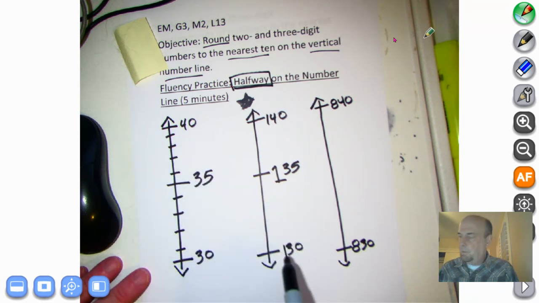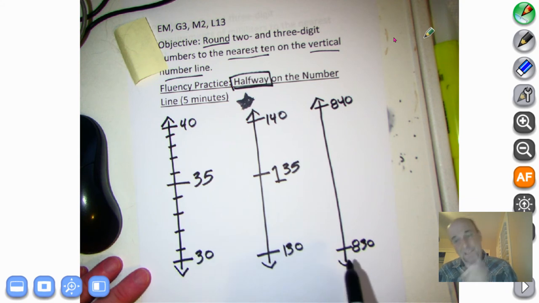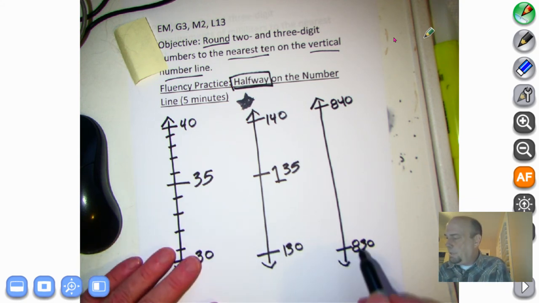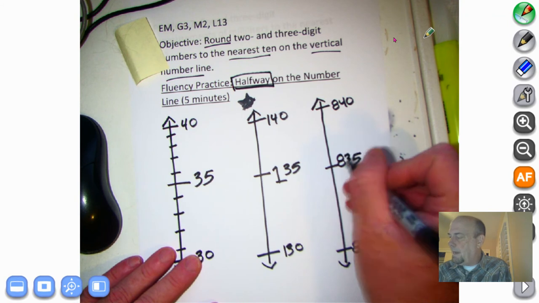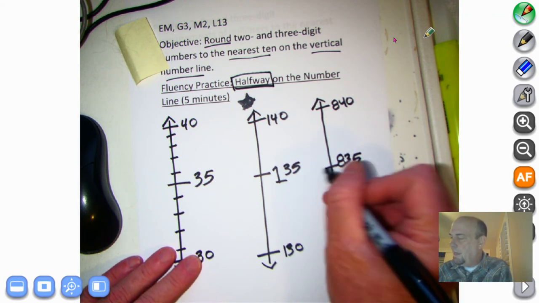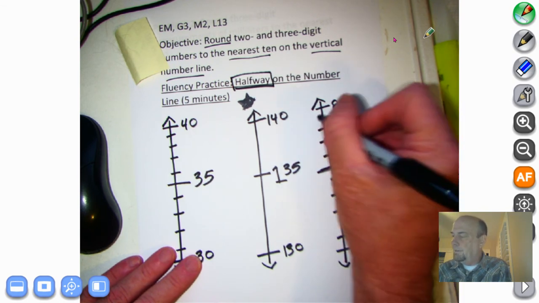We know the halfway point between 130 and 140 is 135. So I'm thinking, and you probably have got this because you're a smart bunch of kids, the midway point between 830 and 840 has to be what? I know it's going to end in a 5, and it'll be 835. Don't believe me? 831, 832, 833, 834, 835, 836, 837, 838, 839, and 840.